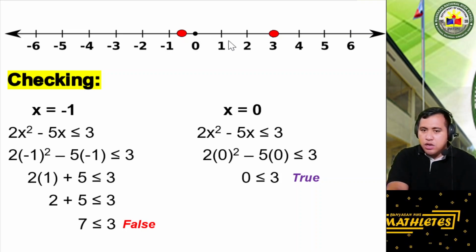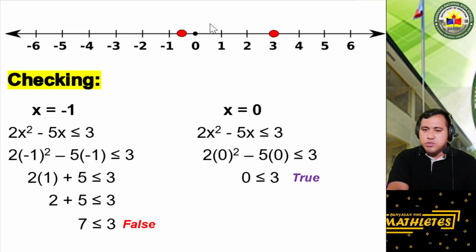Actually, you can choose 0, 1, 2, but what I used is 0. So the result after doing the testing is 0 is less than or equal to 3, which is true.